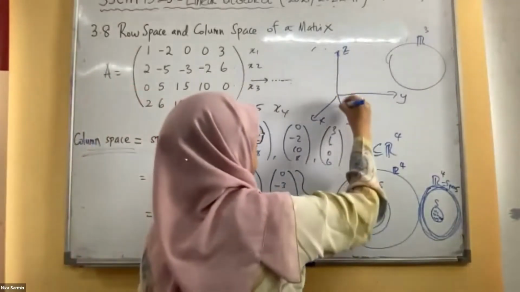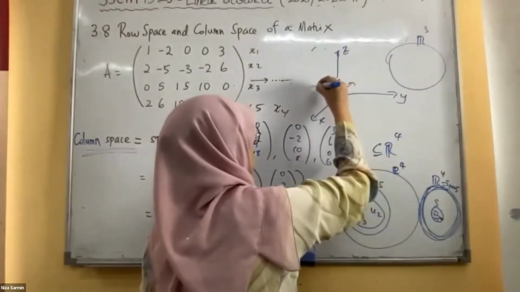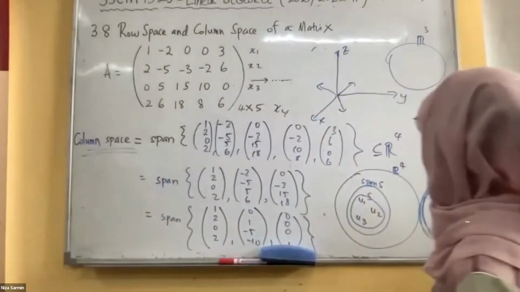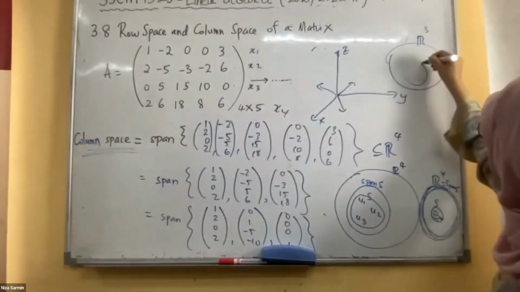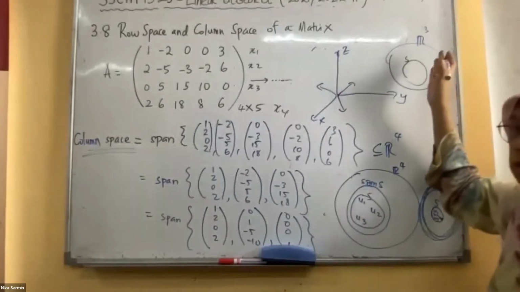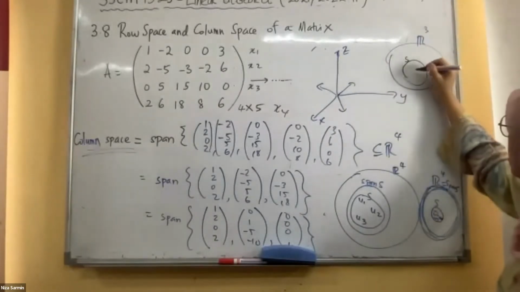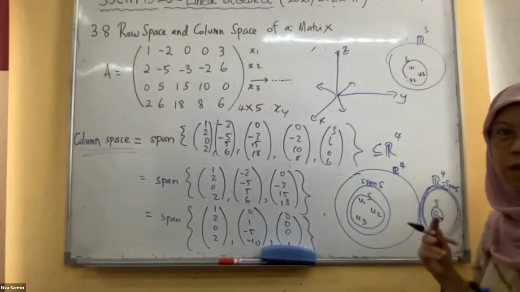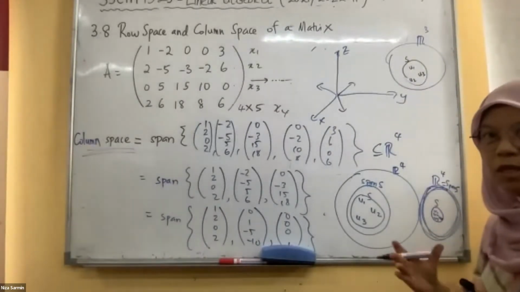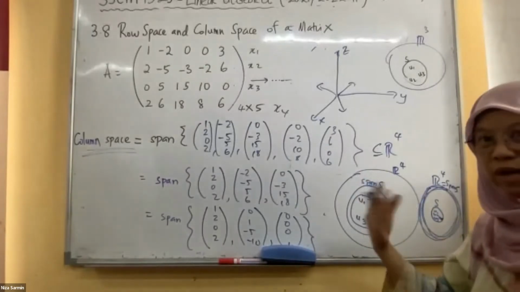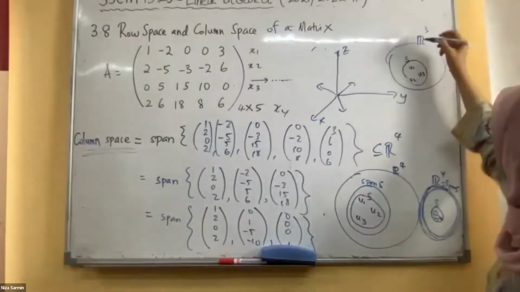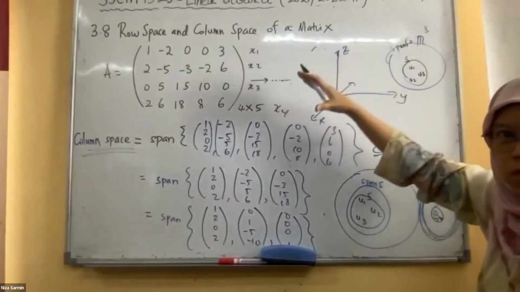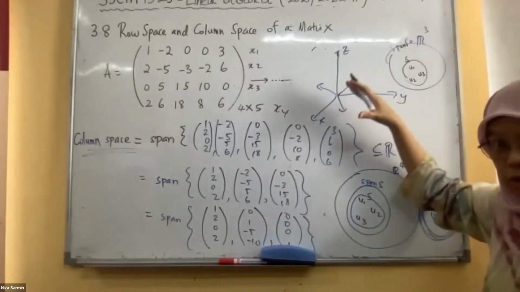So if you have S inside R3, and then you have U1, U2, U3, linearly independent, then it will span the whole of R3. So the span S is R3. Then it will span the whole of the 3 dimension.